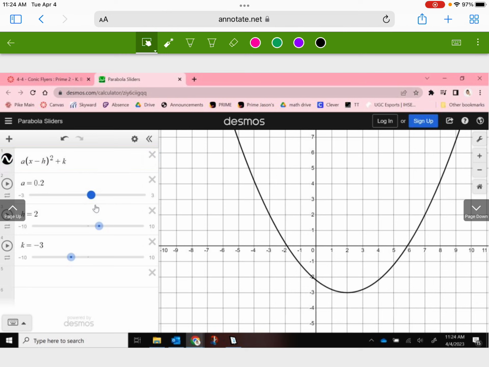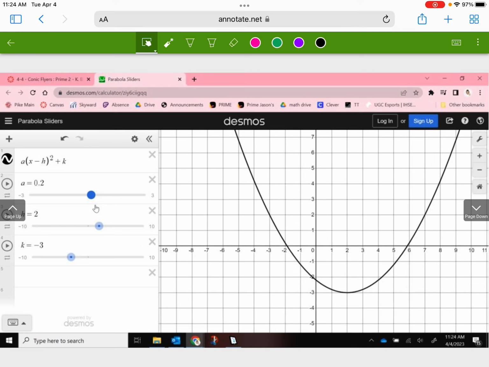Okay, so the easy way to think of it is if your A is bigger than 1, it's a big kid now, it's all grown up. So we can do big kid yoga and get really, really tall and skinny. If it's small, between 0 and 1, it's so cute, I want to squish it. So we're going to sit on it and compress it, so it goes really wide. So if it's bigger than 1, it goes tall and skinny. If it is smaller than 1, it goes out wide.